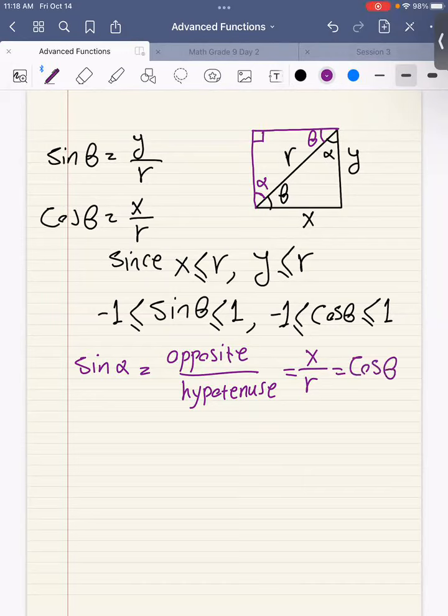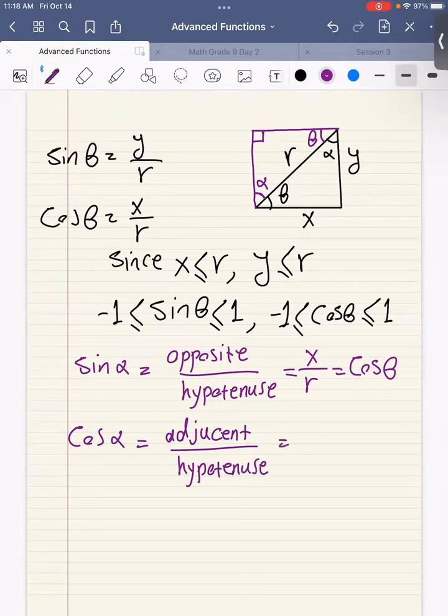How about cosine of alpha? Cosine of alpha is equal to adjacent over hypotenuse. This is equal to y over r, which is basically sine of theta.